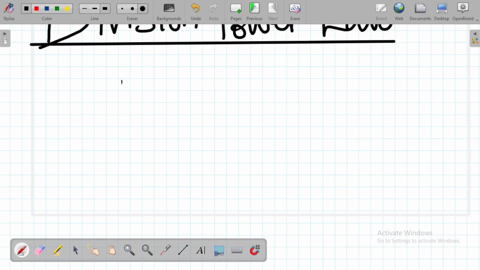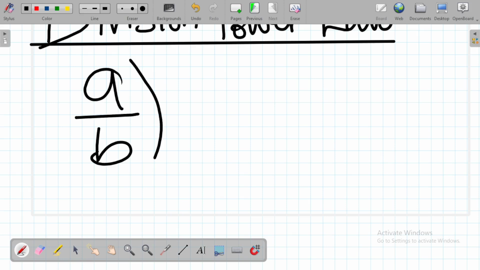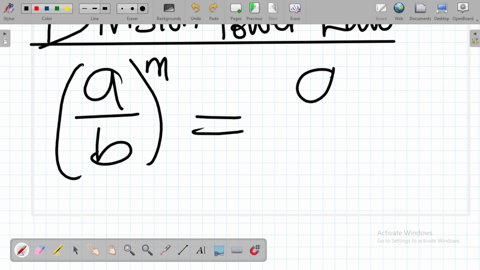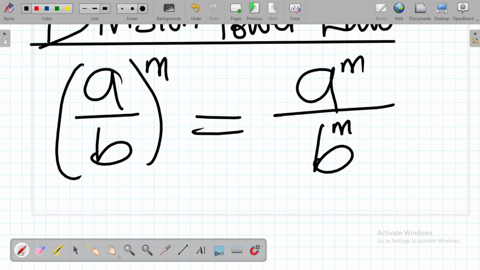So if we have a all over b all raised to power m, a all over b is a quotient, and then it is raised to power m. How do we solve it? Simply raise both the numerator and the denominator to that power. So a all over b all raised to power m becomes a raised to power m all over b raised to power m.